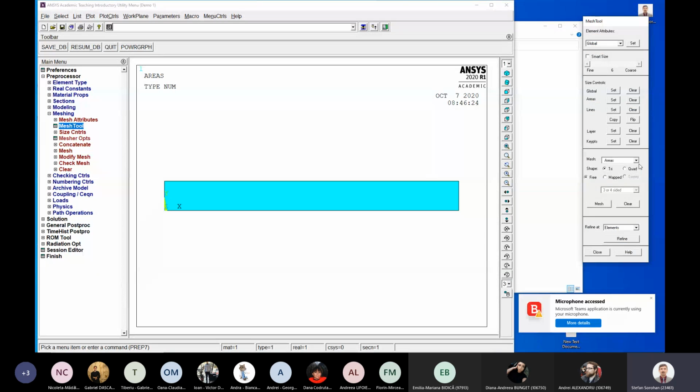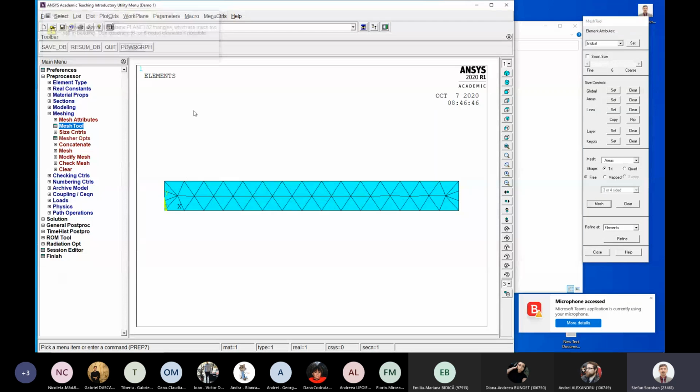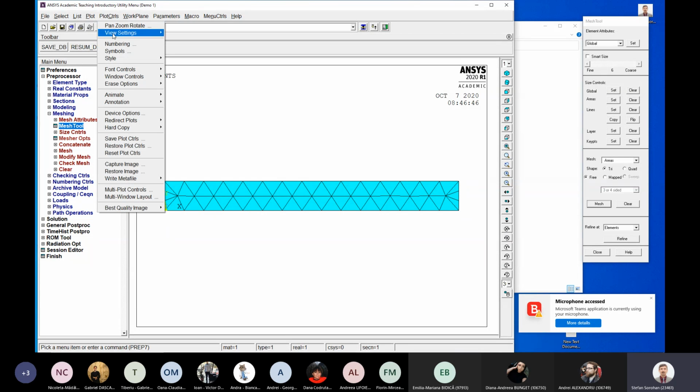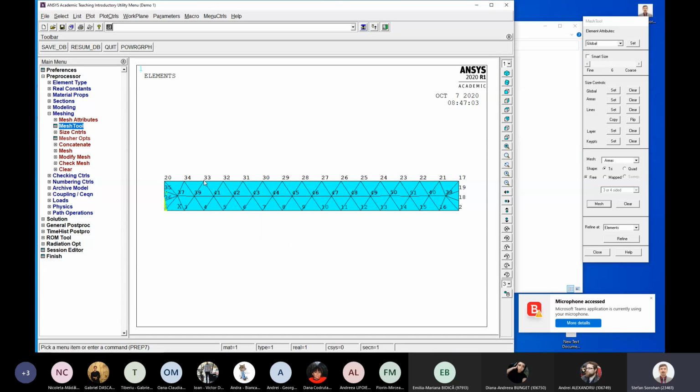Let's use triangular elements here, and let's mesh this area. As you can see, we have this field with some shapes, which are triangles. Of course, these points have identification numbers. So this is node 1 here, node 2 here, node 16 here, and so on.